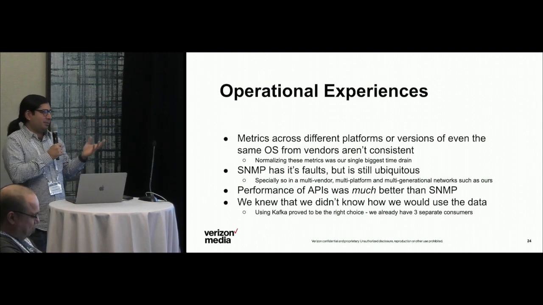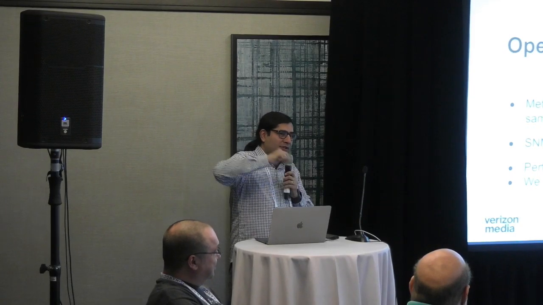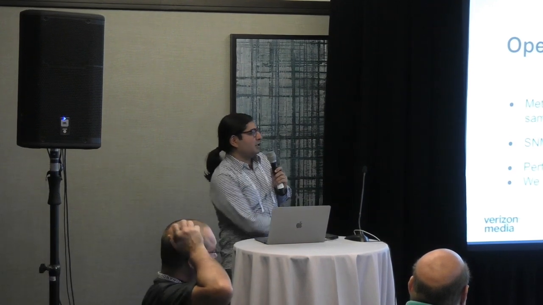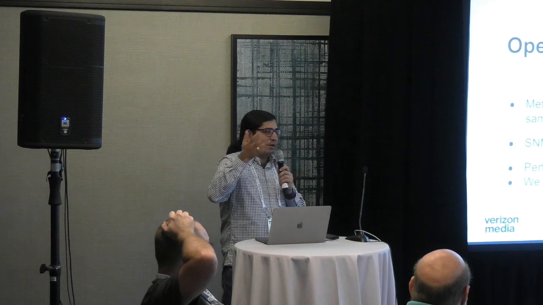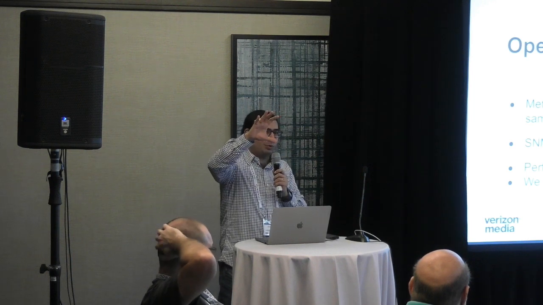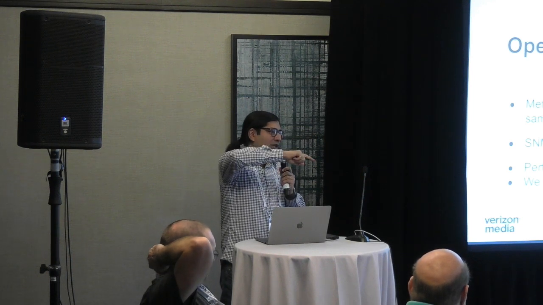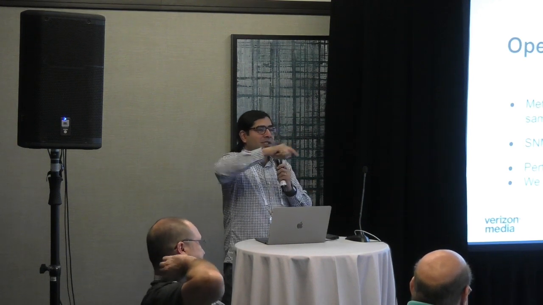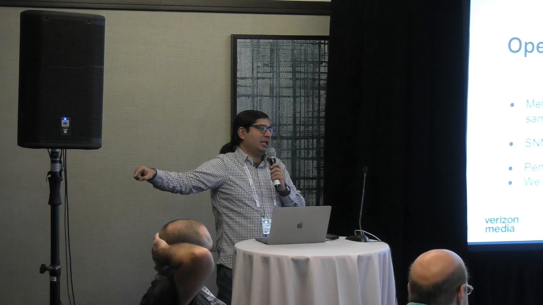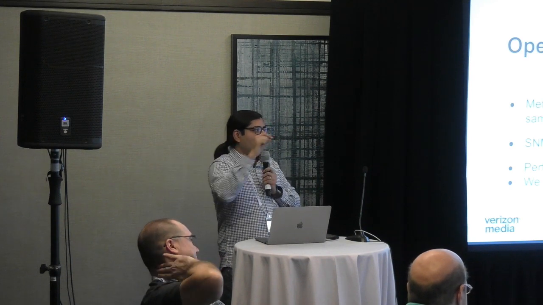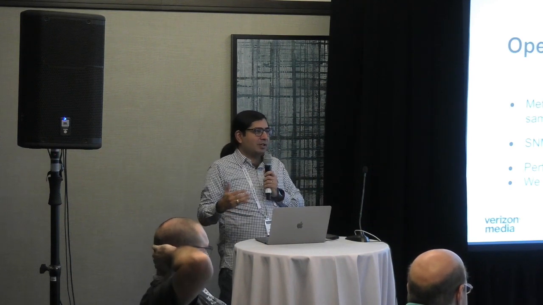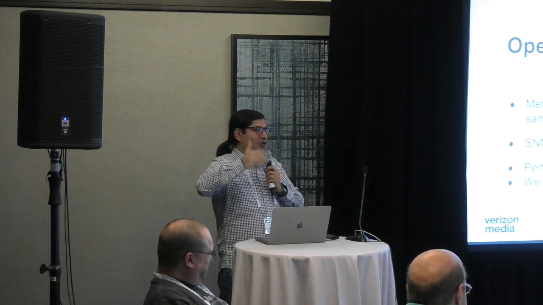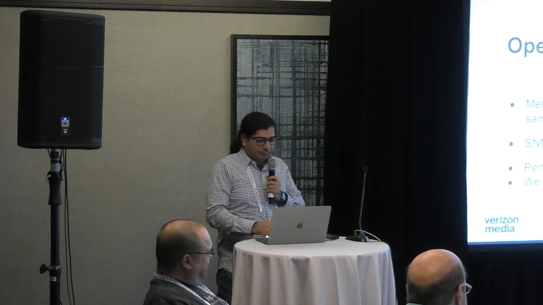We made a strategic decision to take that hit up front rather than expose that data to a user who would then have the cognitive load, while looking at a dashboard, of figuring out: this is this device with this release, therefore this is how I should interpret the CPU, versus this device from this release has a different interpretation. So we put a lot of effort into normalizing these metrics so that when a user looks at it, they can actually make sense of what's going on.